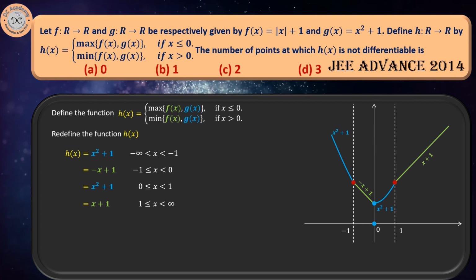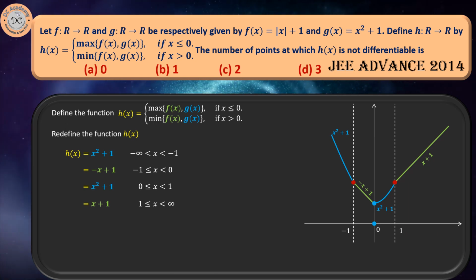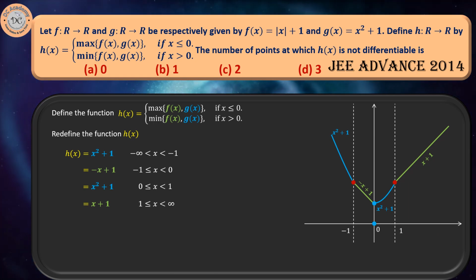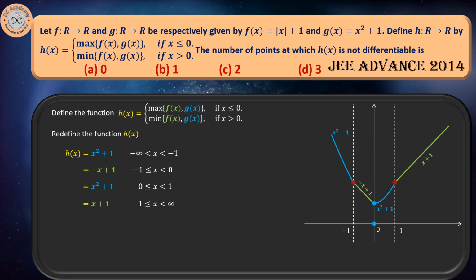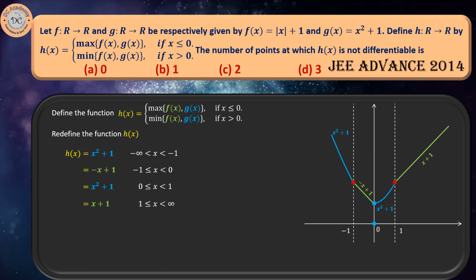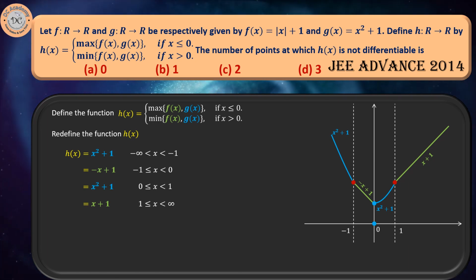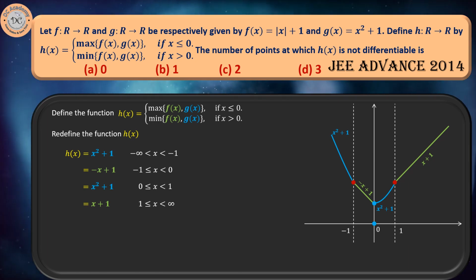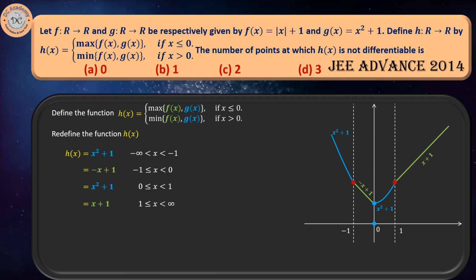We need to test that. By an approximate sketch, I can easily conclude that the function doesn't have a derivative at any such point, because we have two tangents at every point. So that's why we can say it does not exist. But direct observation is not the mathematical approach, so let's go ahead.